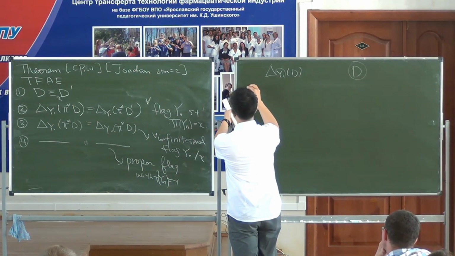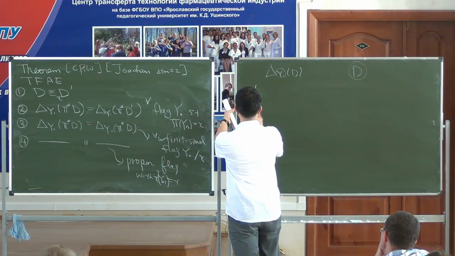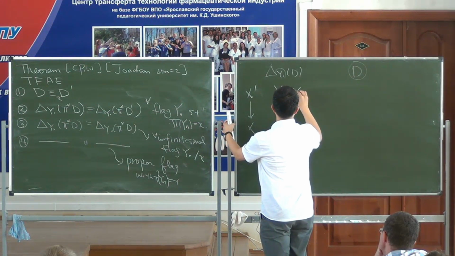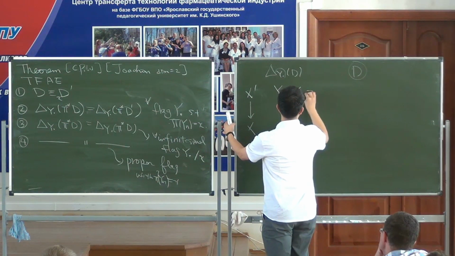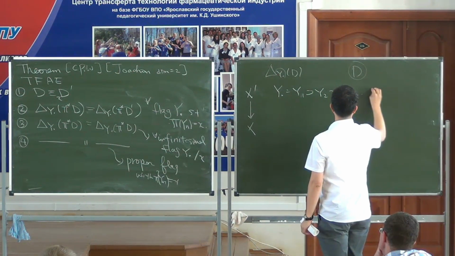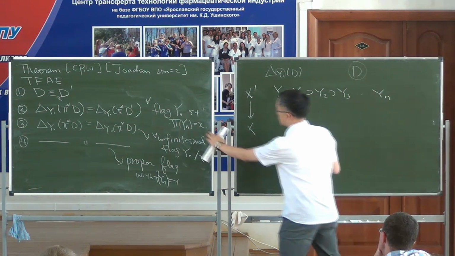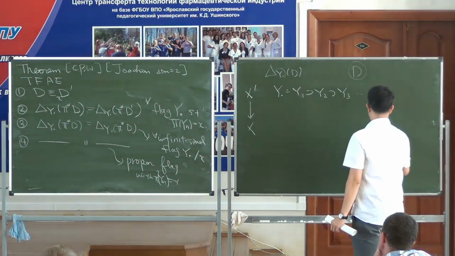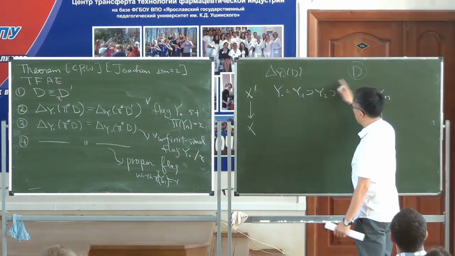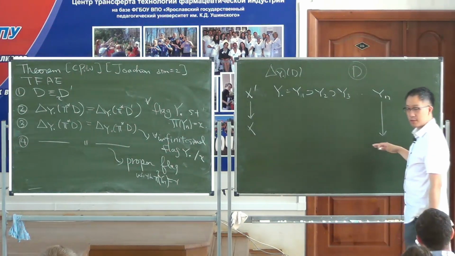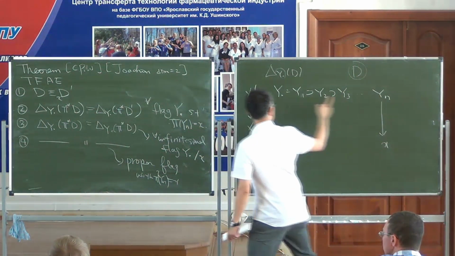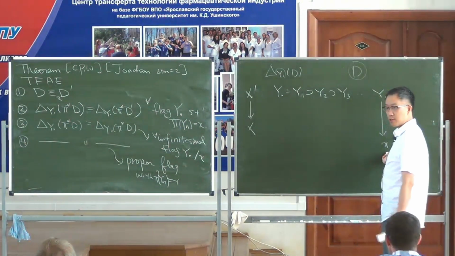So let's have x prime to x. The first one is y1, y2, y3, and yn. The first one means this one just goes to x. Okay, so we don't care about how this collapses. As long as the last one is mapped to x, it's okay.